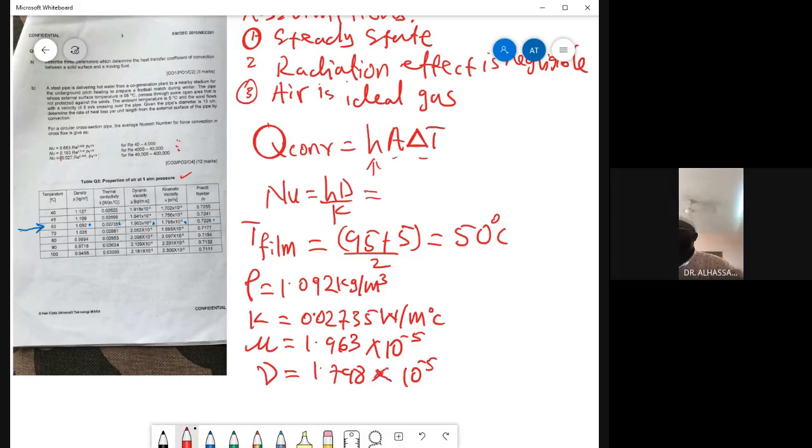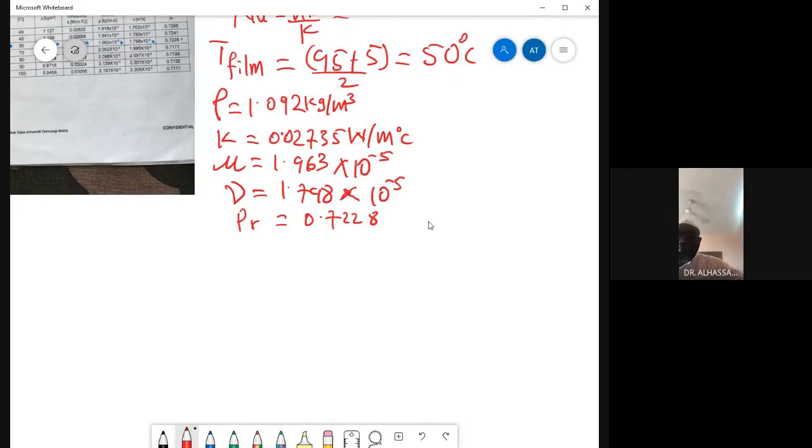Finally, we have the Prandtl number, Pr, which is 0.7228. All these are dimensionless parameters.